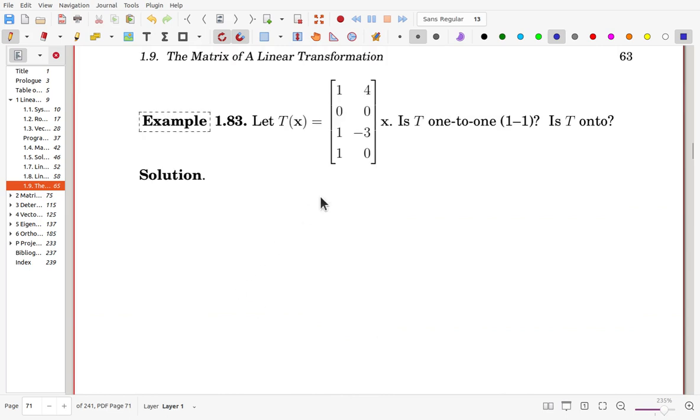Let's see another one. Now this is not in echelon form, so from this A, we have to make it in echelon form. Okay, 1 and 4 is the first column, and the 0 row, we'll move it to the bottom. So here we have 0, 0. And then we subtract and put it over there.